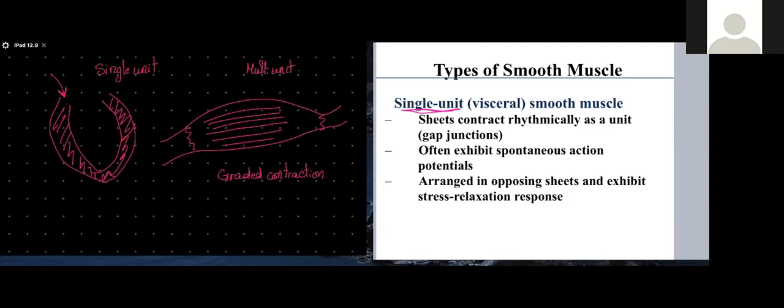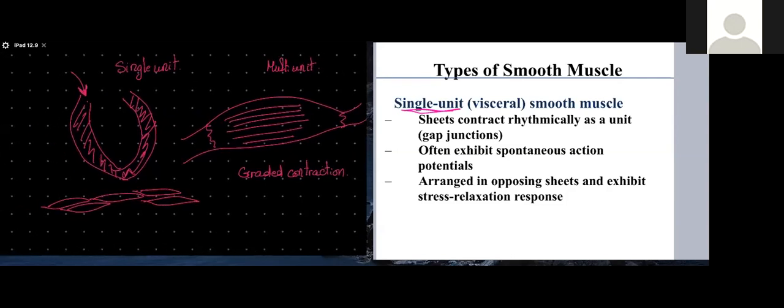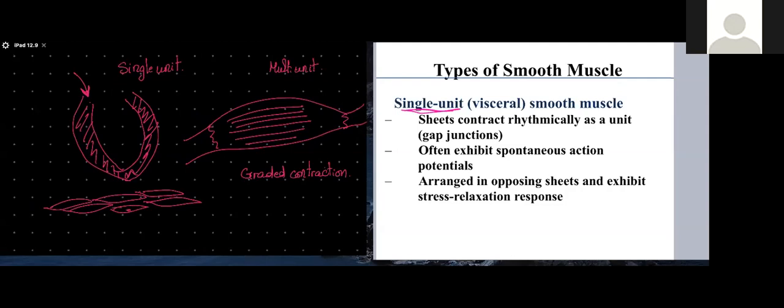So whenever one cell gets activated, you need to send out the signal to all the muscle cells located at the same site. Like where? Like, for example, in your gastrointestinal tract. That's why we have another name for single unit smooth muscles, visceral smooth muscles.